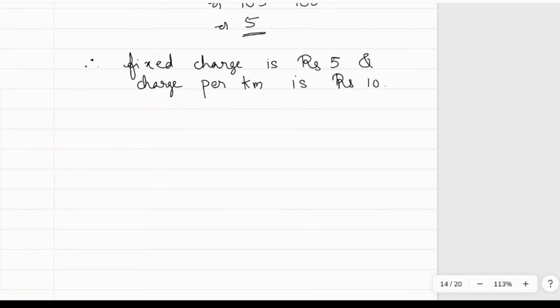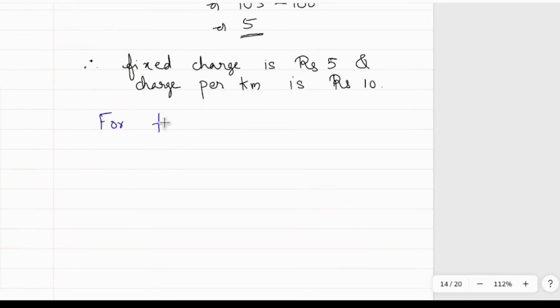Then we have to wind up the answer. This is the main part. This you shouldn't skip. For traveling 25 kilometers, they are asking, right?